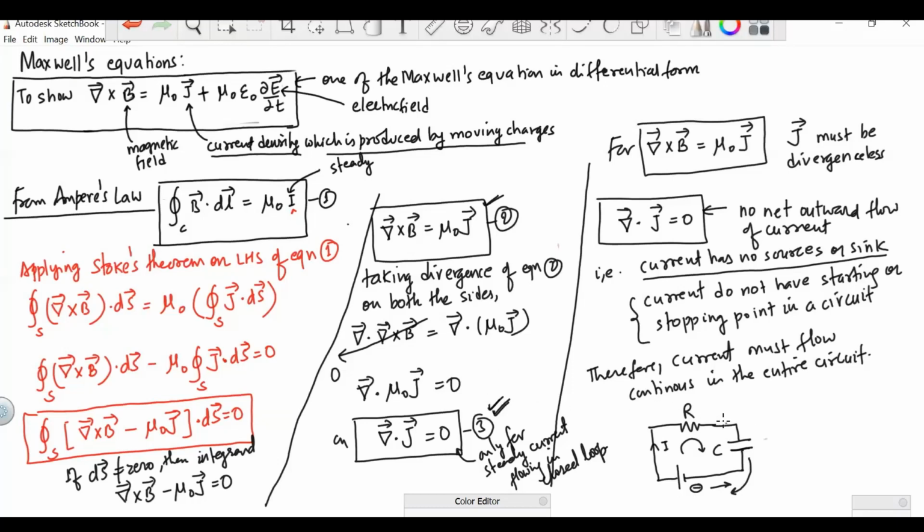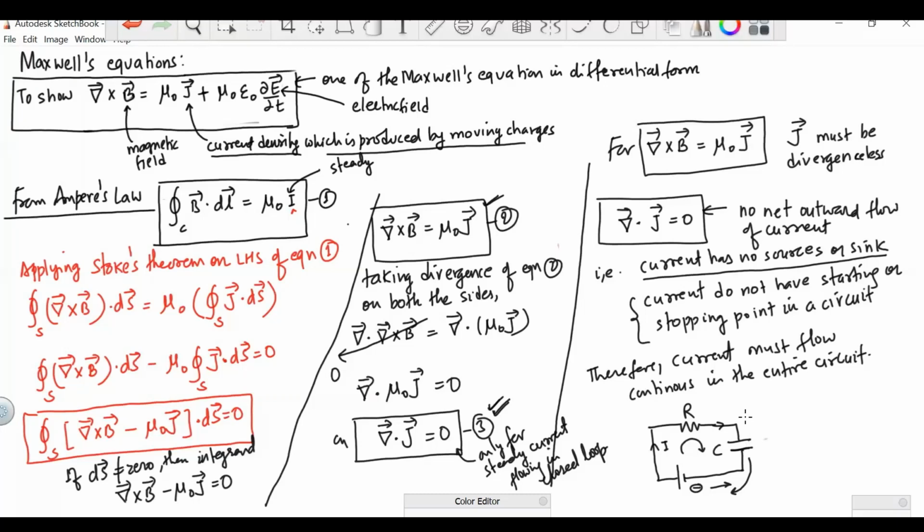So conventional current is flowing from the positive terminal towards the upper plate, and from the lower plate towards the negative terminal of the battery. And there is a gap between the plates of the capacitor.